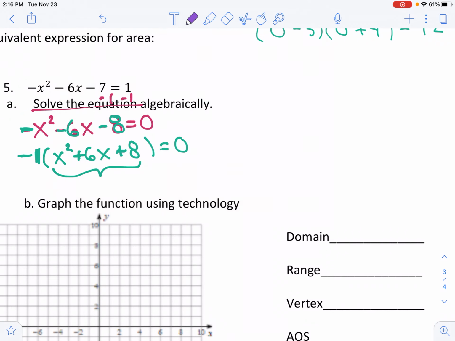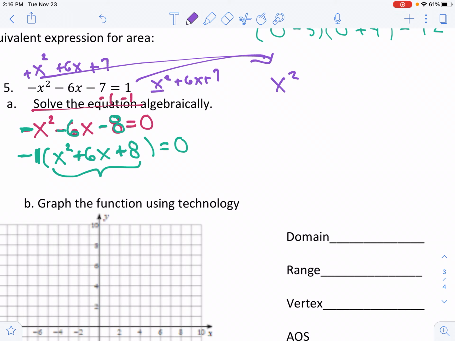The other thing we could do, and again, I wouldn't give you one this hard on the homework, but I'm just showing you, is instead we could have added. We could have moved this stuff to the other side. So I'm going to add this to both sides, and I'd get x squared plus 6x, and then 7 plus 1 would be positive 8.